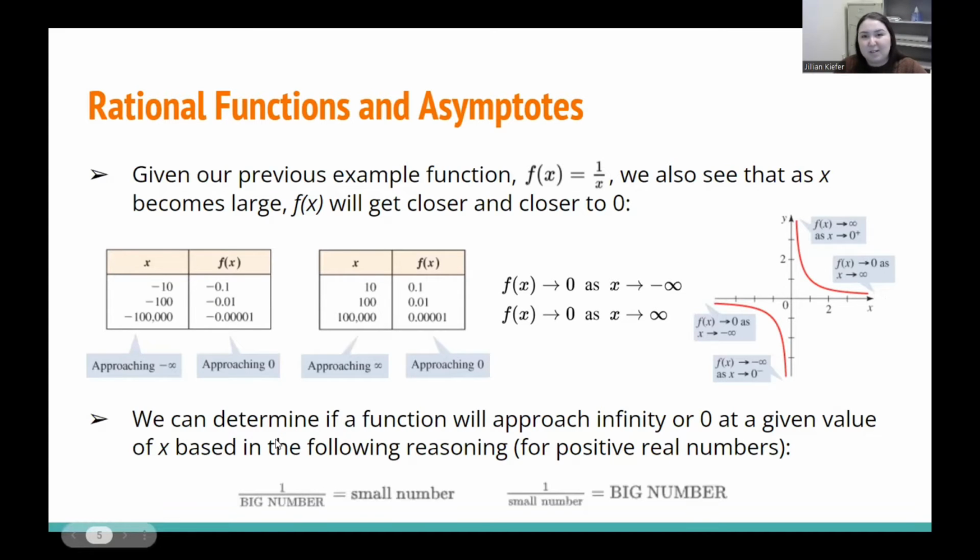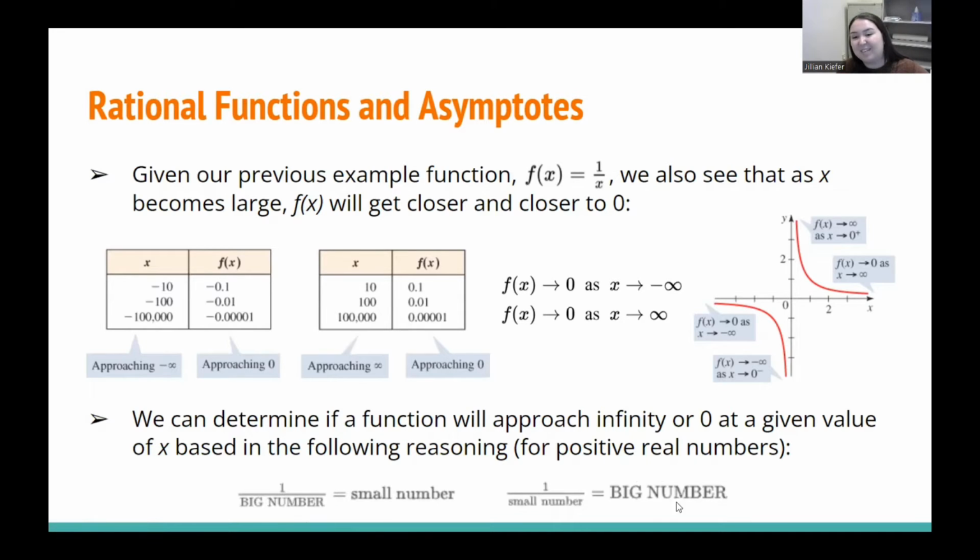If it just so happens that you want to try and reason out whether your function's approaching infinity or 0 at a given value of x, you can base this on the following reasoning, and this is for positive real numbers. If you have 1 over a really, really big number, like basically infinity, you're going to end up with some really small number that's basically 0. So that's what's happening as we see here.